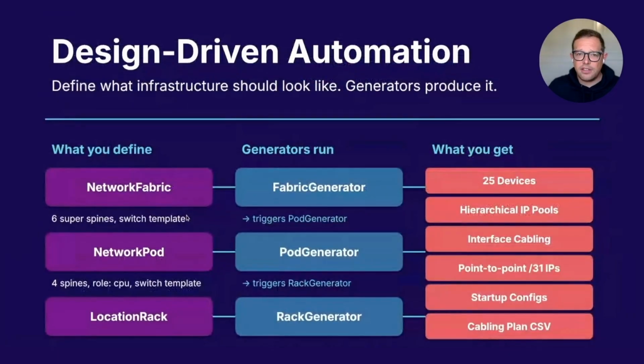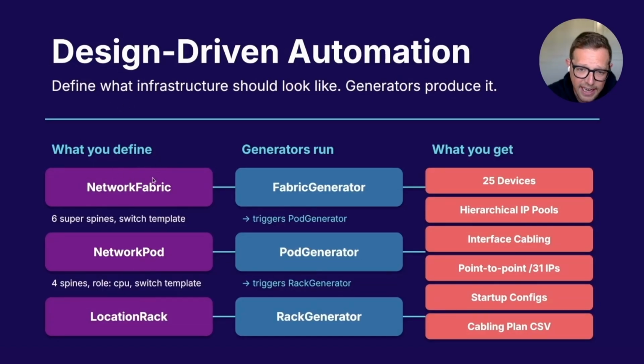We took a design-driven network automation approach to start from a high-level definition of what our fabric should look like, and then from there we generated the complete infrastructure for our fabric up to the point where we have the device configuration artifacts that we can deploy onto the infrastructure, including a full cabling plan.